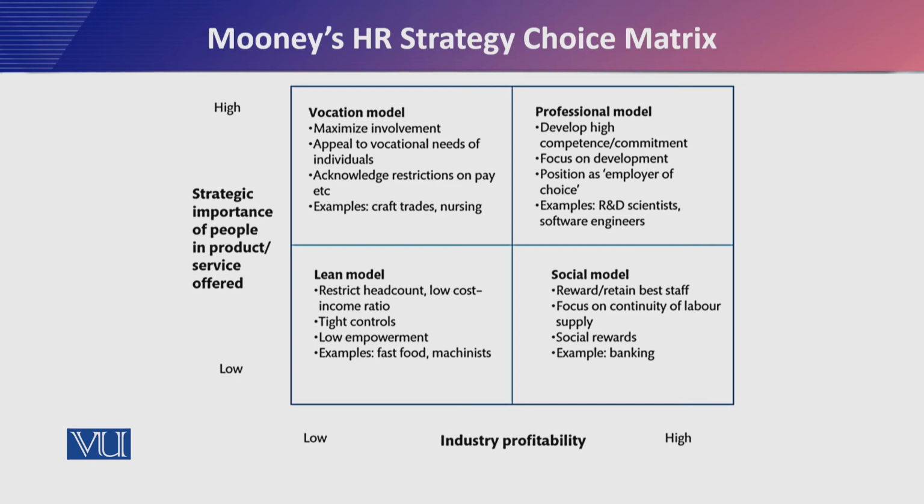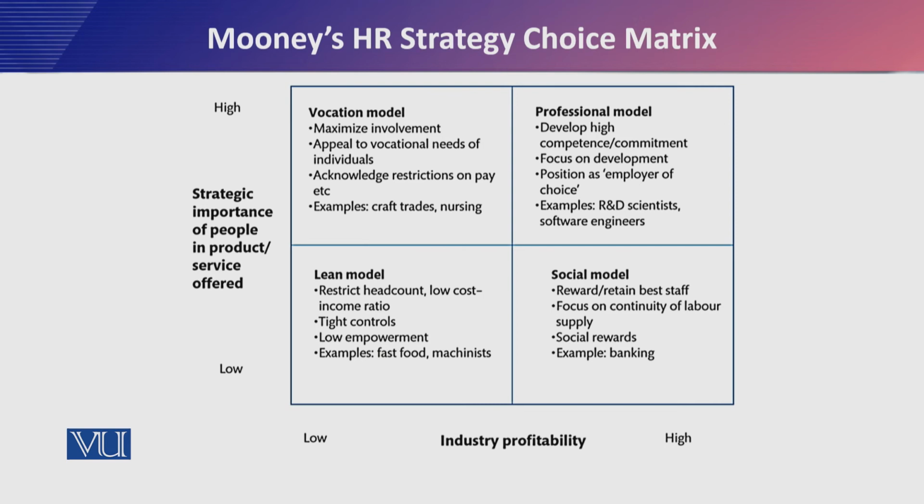On the other hand, if you look at when the strategic importance is high and the industry profitability is high, it is the professional model. This is the employment mode suggested by Mooney for that particular type of industries. For example, R&D, research and development, scientists, software engineers: the profitability is high and the strategic value of the employees is high.